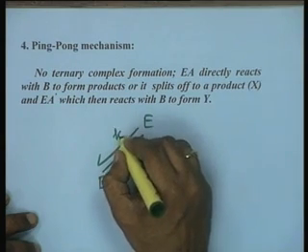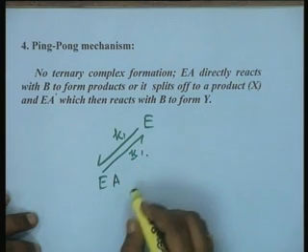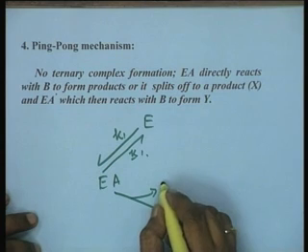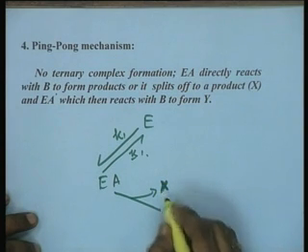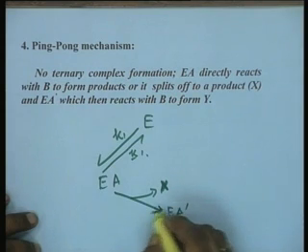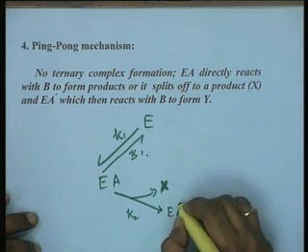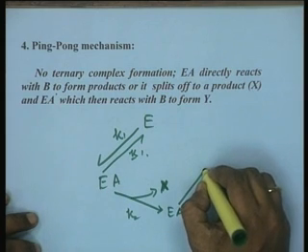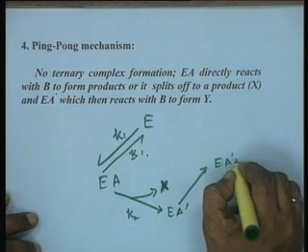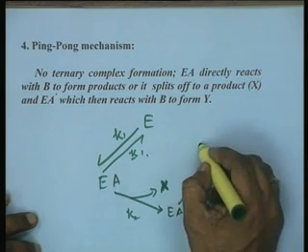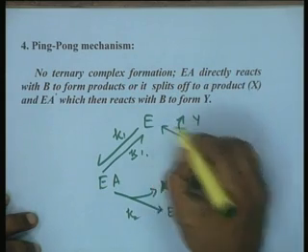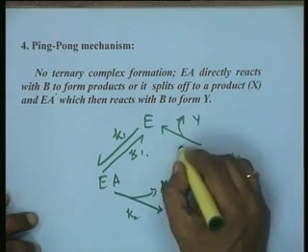So, EA, this is let us say K1, K minus 1, and right at this stage itself the product X will be formed, and this will be your EA dash, and this is K2. Then EA dash interacts with B to give you EA dash B, and then this gives you a product again by K3, K4.